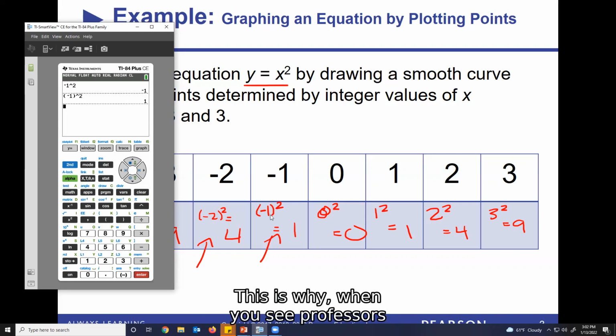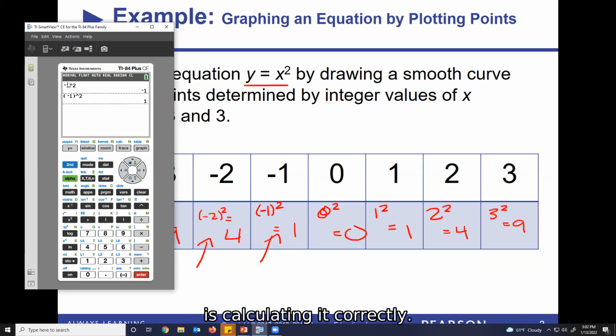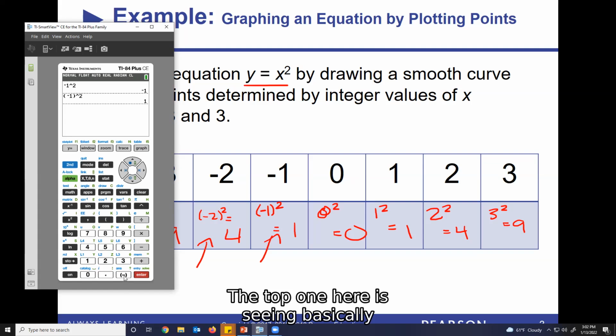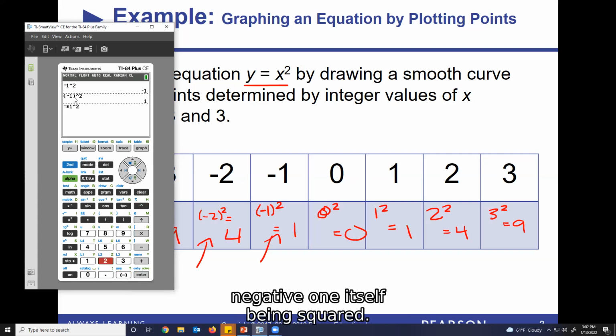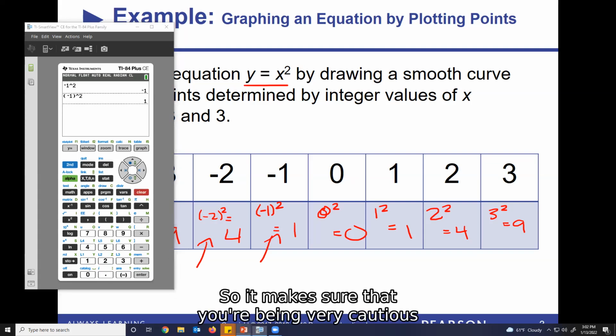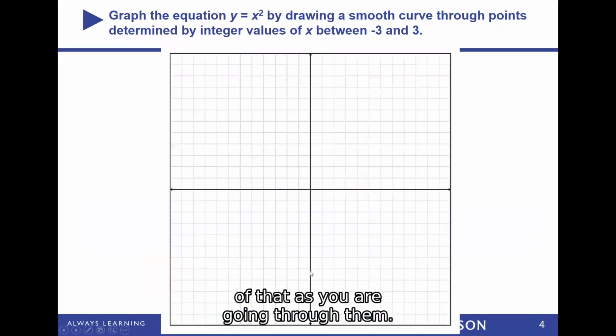This is why professors and teachers always put parentheses around negative numbers, because we want to make sure the calculator is calculating it correctly. The top one is seeing a negative times 1 being squared, which is a little bit different than -1 itself being squared. So make sure you're being very cautious of that as you go through them.